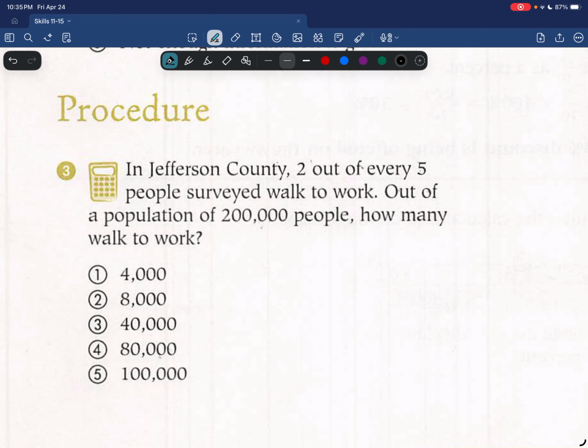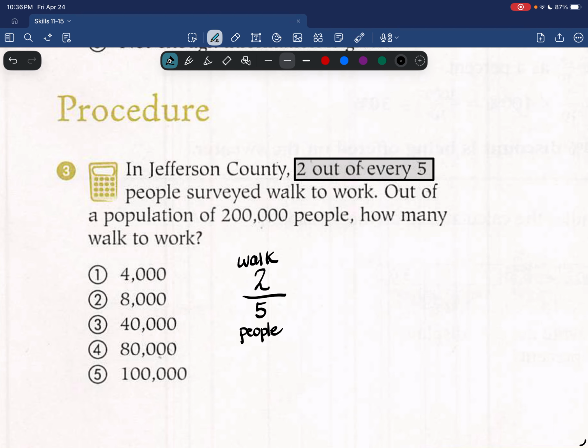In Jefferson County, 2 out of every 5 people walk to work. This is important. That is a ratio. So let me just go ahead and set that up down here. 2 walk out of every 5 people.